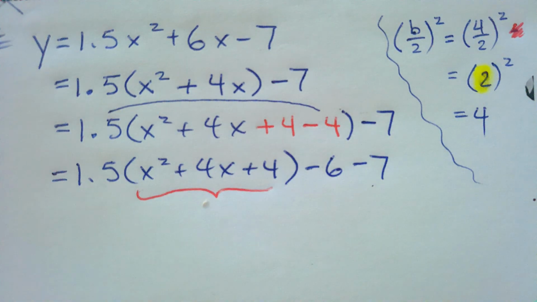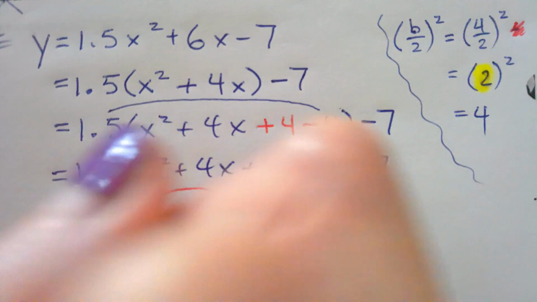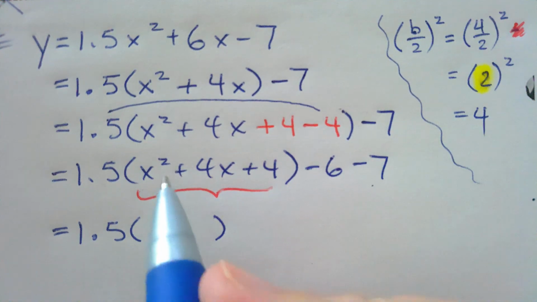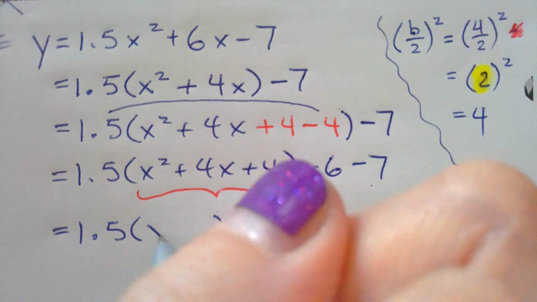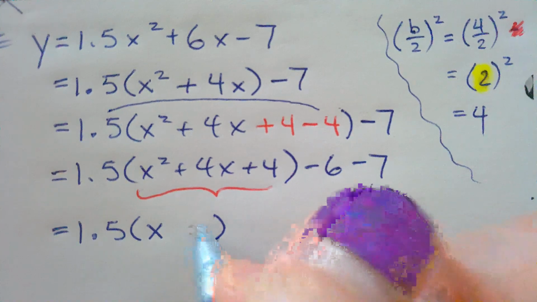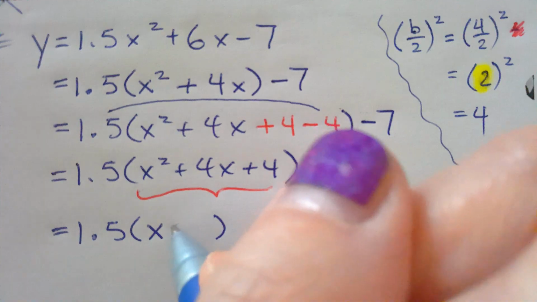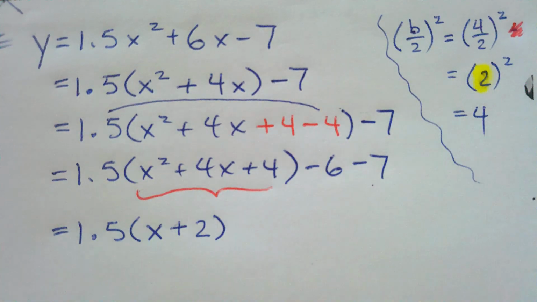Okay, this is the part where you are having trouble. The trinomial will be (x + 2) squared. Yes, this is a perfect square, so it's x and then something. What is that number? 2. What I highlighted over here. If it's plus 2, it's plus 2. If it's minus 2, it's minus 2.